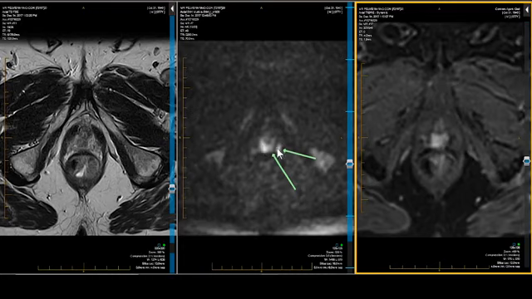I don't know what this turned out to be pathologically, but this would be categorized as a RADS 3 because it doesn't have a good correlate on the ADC map. It does have some diffusion restriction. It had nothing on the T2, so it's got some mixed character to it. So we have one RADS 3 lesion.